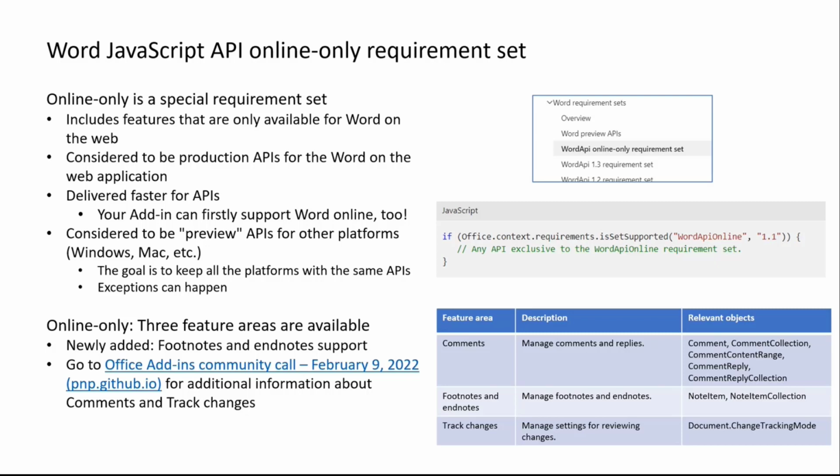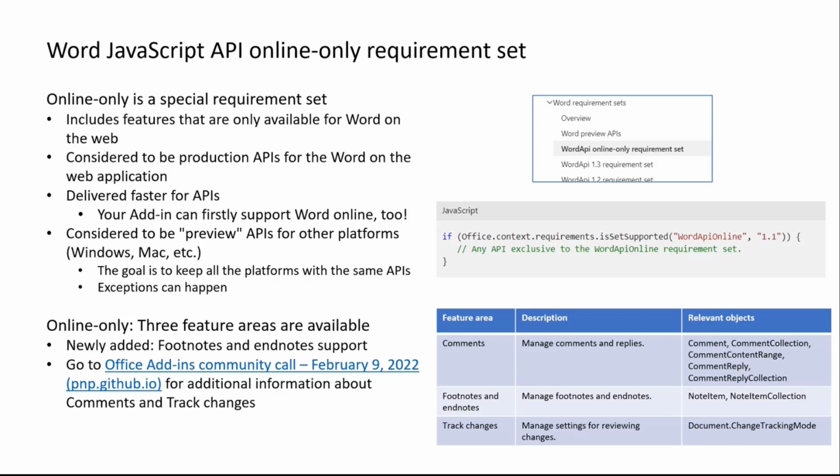The APIs in this set are production APIs, so that your released add-in can directly take advantage of them, even though your add-in users may be mostly desktop users. You can still take this chance to release a version or take advantage of some of the web capabilities for your released add-ins.